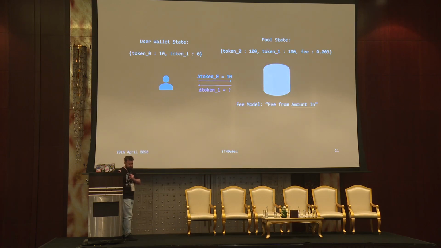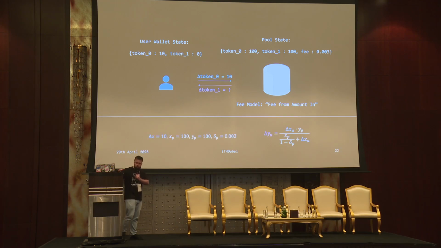So a relatively simple example, we have a liquidity pool with 100 of each token and a fee of 0.3%, or 0.003. And we're going to use the fee from amount in example to calculate this trade. And so all you do is take one of those equations that I've already shown you and start substituting in the values that are associated with the state of this pool.